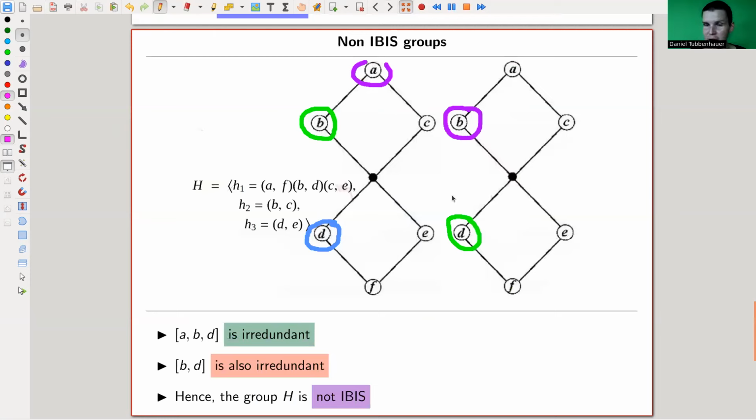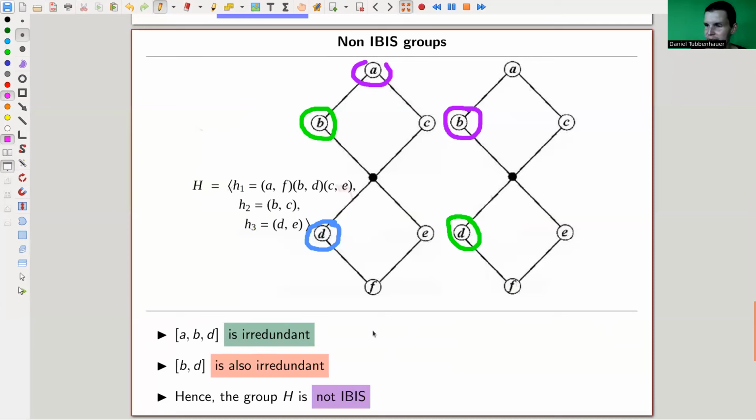And here's an example of something that is not of this form. So here above, I have 2 irredundant bases, A, B, D. So if I fix A, I can't swap with F anymore. If I fix B, I can't swap with C anymore. If I fix D, I can't swap with E anymore. So this is irredundant. But this one is also irredundant because as soon as I have fixed B and D, I can't swap A and F anymore.